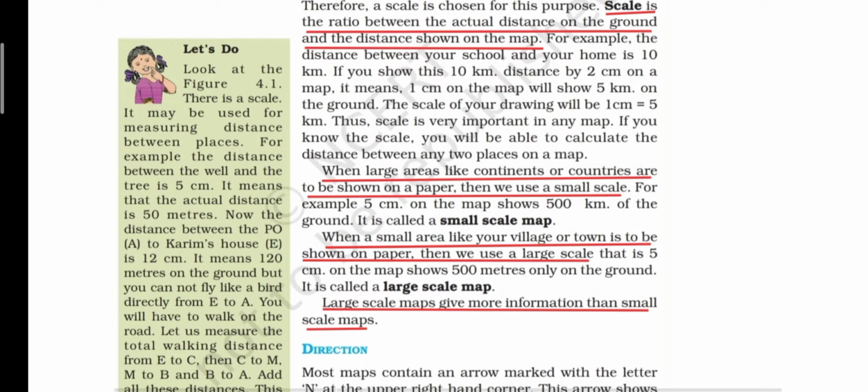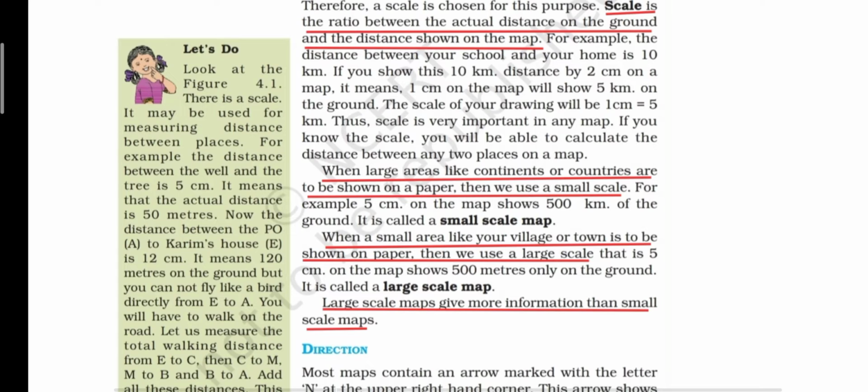For example, 5 centimeter on the map shows 500 kilometers on the ground. It is called a small scale map. So children, here it is a bit confusing. Why? I'll tell you. The small scale map is showing larger areas and a large scale map is showing a smaller area. It is just the opposite.